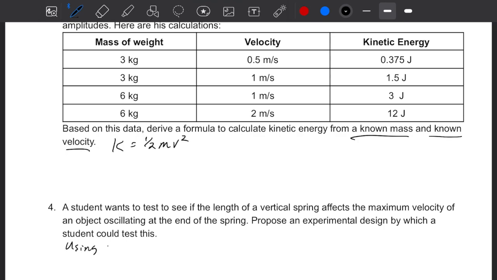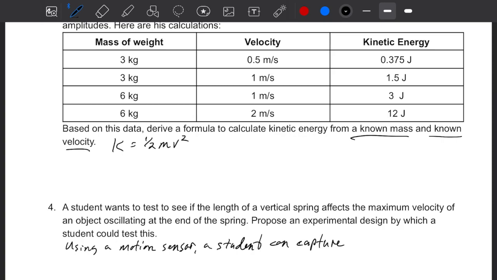Or is that what it asks? Propose an experiment for the maximum velocity. Oh, is it going to affect the maximum velocity? Well, we know the period's going to be the same. And if the period is the same, it's got to be the same time period to do a full lap. Well, if you have a longer distance to cover, you would think you would have to move faster. Longer distance, faster, shorter distance, slower.